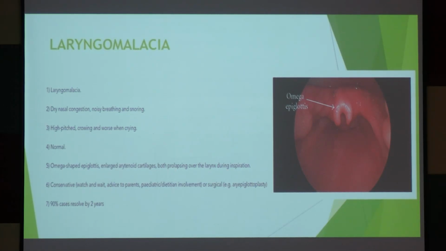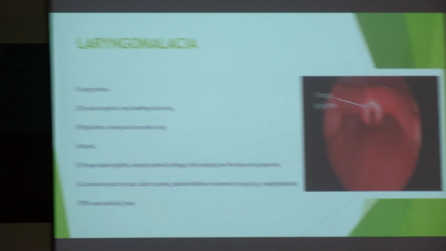So if you see neonatal stridor or stridor in an infant, you will tell the parents not to worry, we will wait till 2 years of age and try to put the kid in prone position, okay. The cry is typical, we call it crowing, a high pitched crowing cry, okay. Parents are usually very anxious, but it usually resolves, okay.